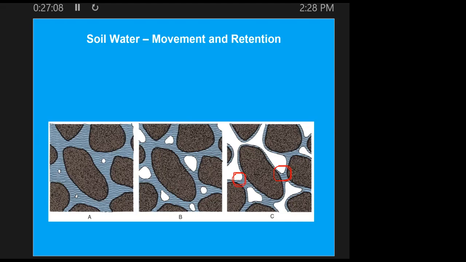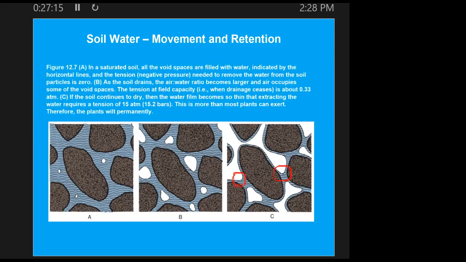And so, if you start thinking about this movement of water by gravity pulling the water down, you can get this gradual shift where the macropores lose water first and then the micropores, and then you can end up in a situation where you have water clinging to the surface of the soil particles and forming a film around the soil particles, and you get these curves at the air-water interface.